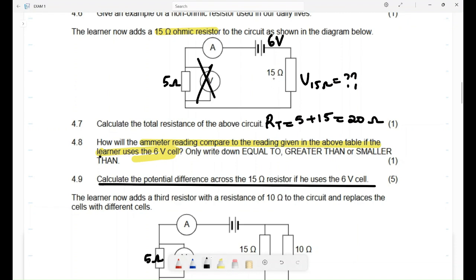Now we already have the resistor. What we can do is to find the current, because the current will be the same throughout. You all agree with me? Now let's find the current. Remember, this is now our V total, and our R total is this one, so we can find the I total, which is the same in series.